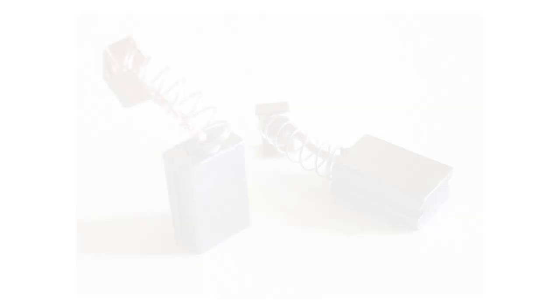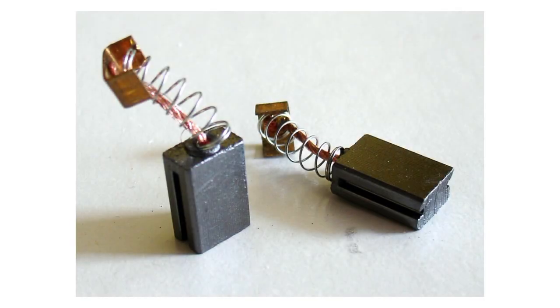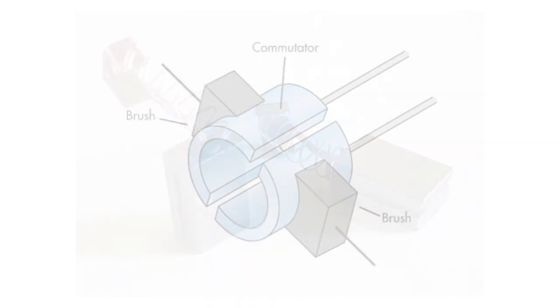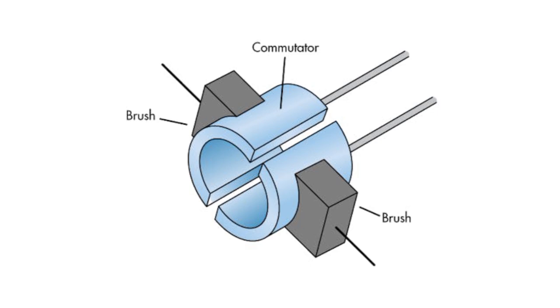In DC motors, the brushes facilitate commutation by switching the current flow to maintain the rotation. And brushes are normally of two types. The first one is the carbon brushes, and the second one is the graphite brushes. So this is the basics regarding the brushes in the rotating machine.